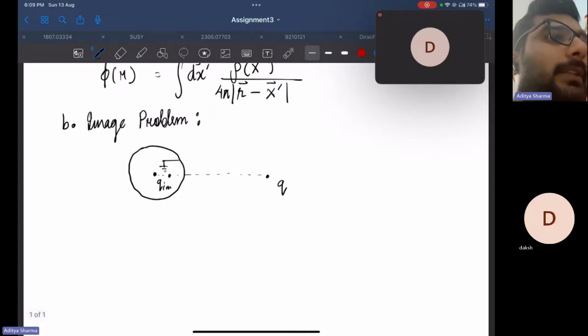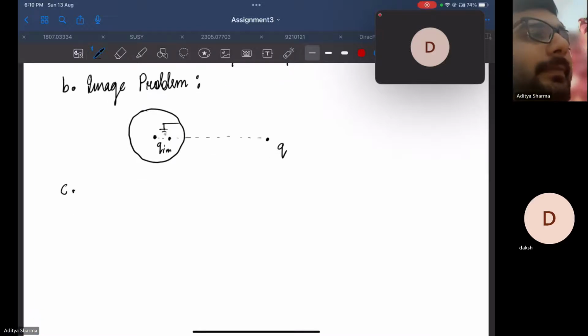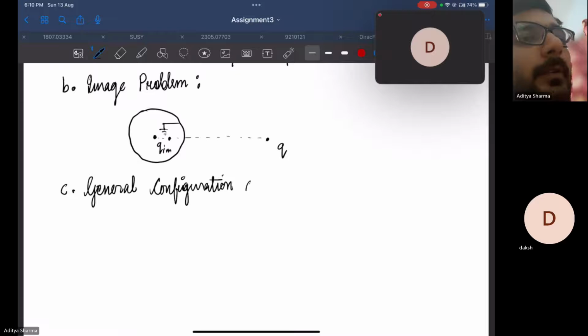We use the concept of image charge because we want the surface of the sphere to be at V equal to 0 potential, since it is grounded. This image problem was then used for any general configuration of conductors.